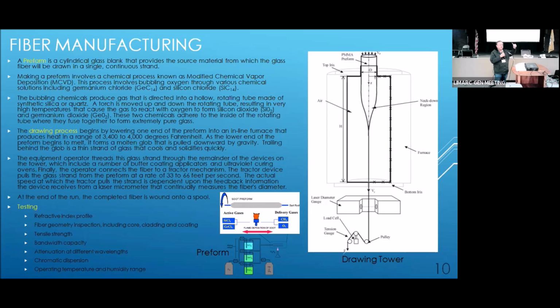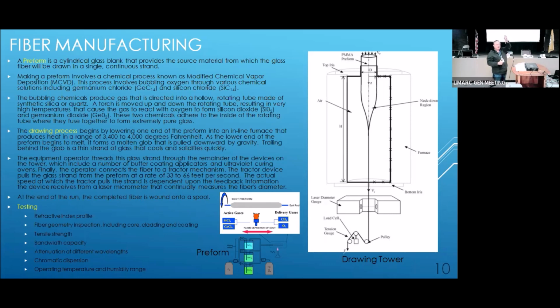This is a chunk of glass that goes on the top of a drawing tower, which is about 50 feet tall. It gets heated to a couple of thousand degrees, and it gets drawn out. It gets smaller and smaller as it's drawn until it becomes 50 microns or 62.5 microns or 8.7 microns. And it gets spooled after it's aged. And that becomes your fiber.